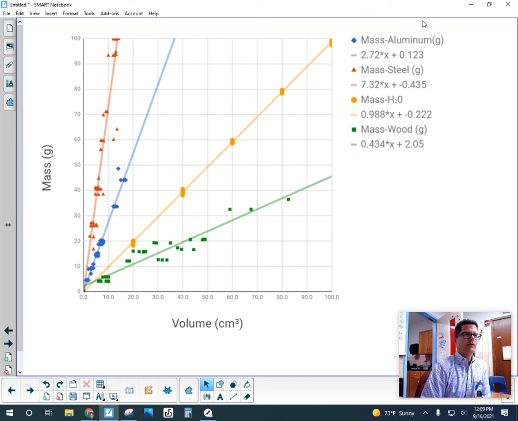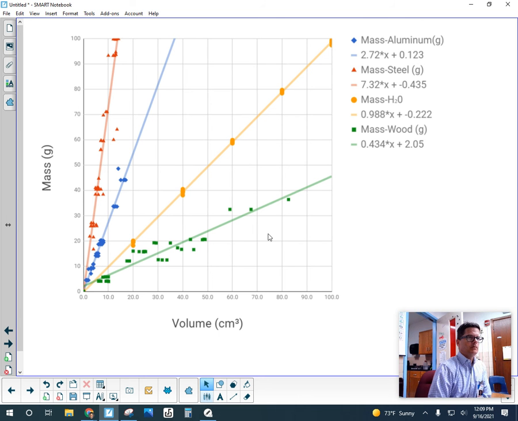And one of the things that we have here in Google Sheets in the graph is some statistical information about that line of best fit. So I want to explain what that is showing. For steel, this is actually writing out the formula for the line of best fit in linear form.